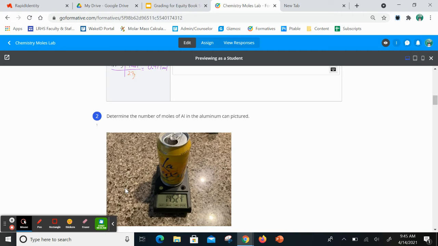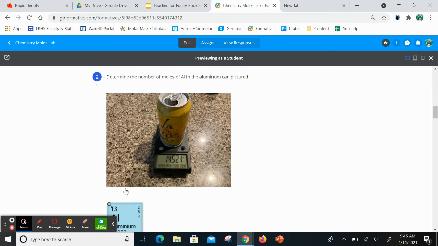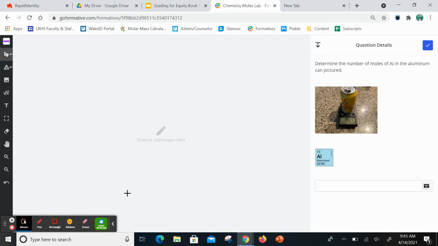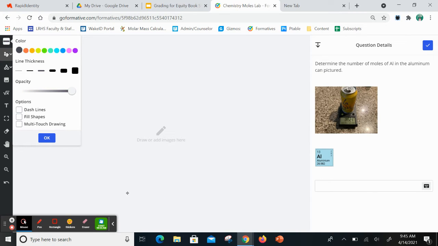All right, so then moving on to the next can, and this one, same situation, moles. Now we have 14.524 grams. So we're given 14.524 grams. And again, we're going to divide by the grams on the periodic table.